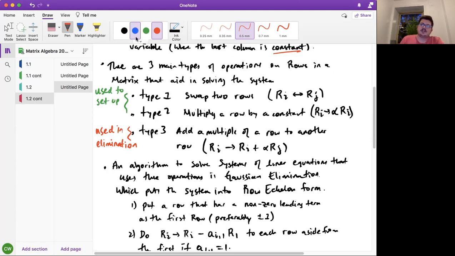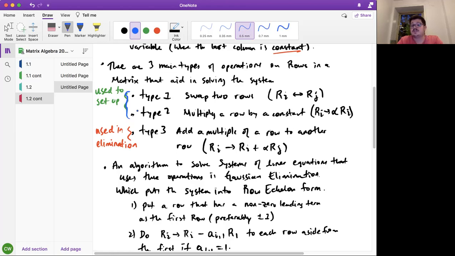I like to lump type 1 and type 2 into their own category as they're setup types. When you go to eliminate, you might use these first two steps to set up. Maybe swapping two rows to put a favorable row in the first position. Type 2 might be used to give you a 1 in a favorable position, or if you have a row that has a common factor, you might want to divide it out to simplify it a bit.